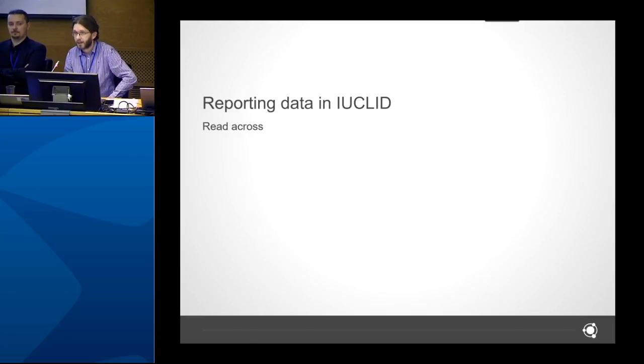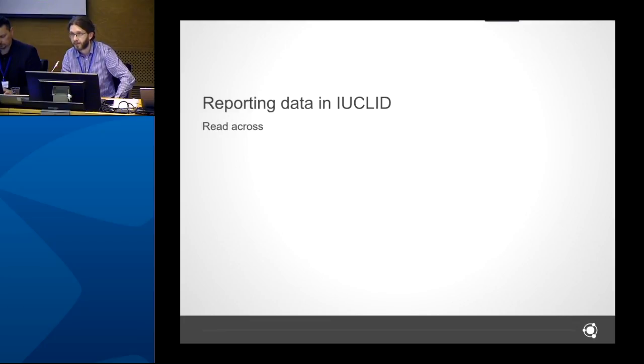I wanted to give you at least some information, some tips about the read across. We didn't use that during the training, but usually when you have to fulfill the information requirements for a substance, you will have study results to report. But in some cases, when you are lacking some information, you can read the data from another substance and apply it to the substance you want to register.